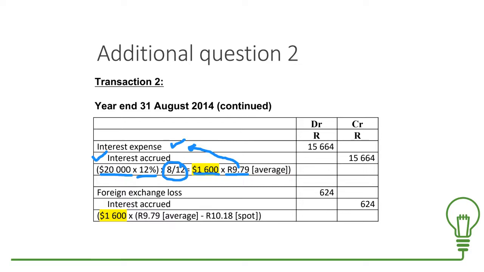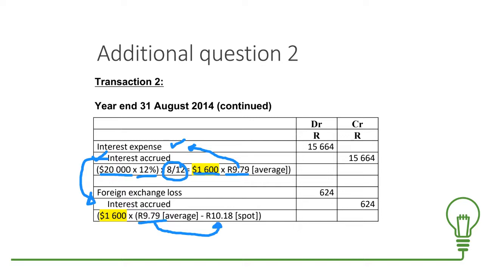So we raise the interest expense at the average, but for this interest accrued we need to pass another journal entry, the one just below, to revalue it to the spot rate. So this is what we're doing here. We take it from 9 Rand 79, which is what we raised it at, and we're moving it to 10 Rand 18, which is the spot rate at year end.